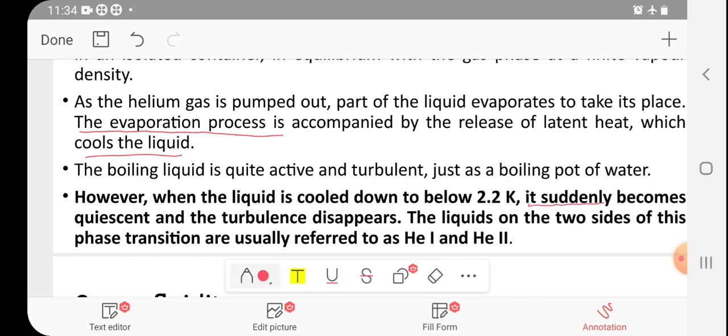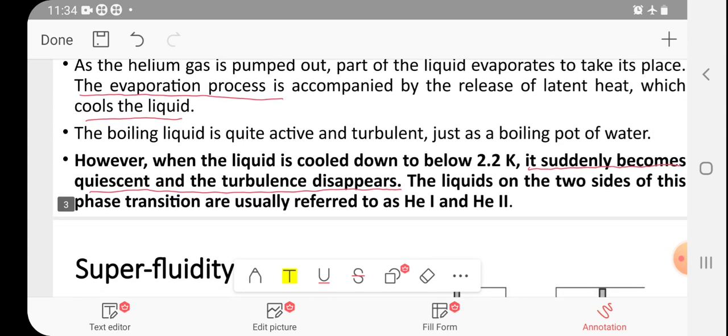So by evaporation the liquid helium is being cooled, and when a temperature of 2.2 Kelvin is reached, the turbulence that you observe during boiling disappears.